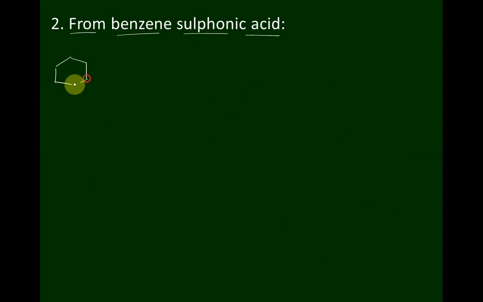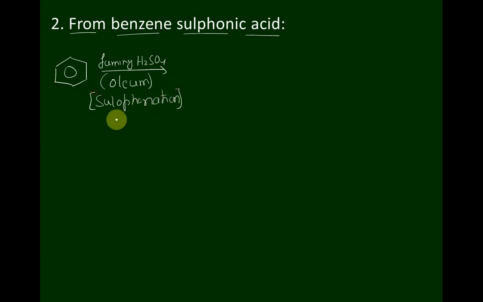When benzene is treated with fuming concentrated sulfuric acid, nothing but oleum, it undergoes the sulfonation process, which we taught in the first year hydrocarbon chapter. It is an electrophilic substitution reaction to form benzene sulfonic acid.